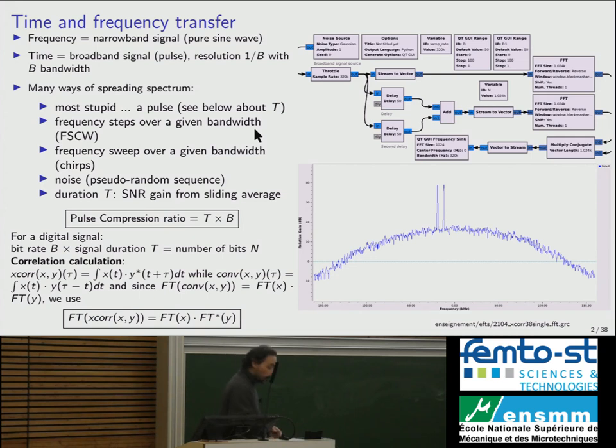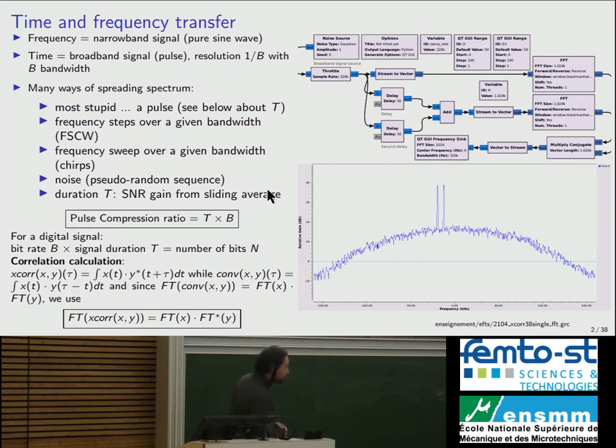And finally, what you can do, as is done for example in GPS, is to spread the spectrum by running a pseudo-random sequence. What's important is that this pseudo-random sequence has to be known. If you know the pseudo-random sequence, then you benefit both from the duration of the pseudo-random sequence, so the time it takes to run the sequence over which you can average, and on the other hand, because you've got this chip rate at which the transferred information is changing, you spread the spectrum through the pseudo-random sequence.